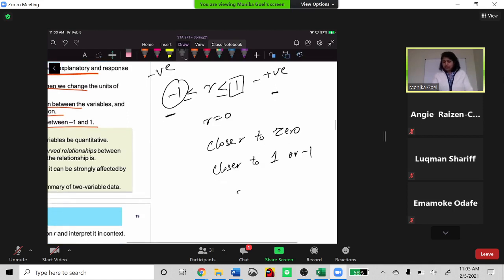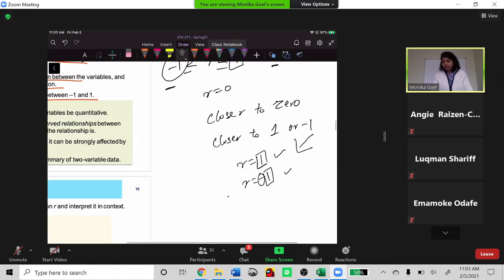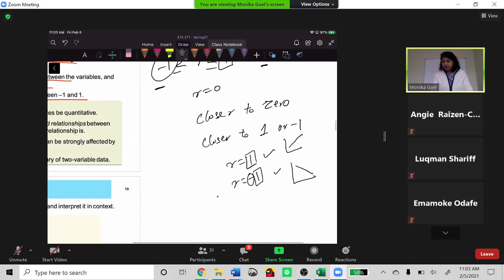If we are saying that R is 1 or R is equal to -1, we cannot say this is stronger and this is less strong. They are both talking about 1. This positive and negative sign tells you which direction.